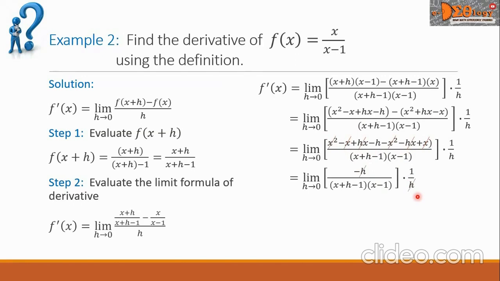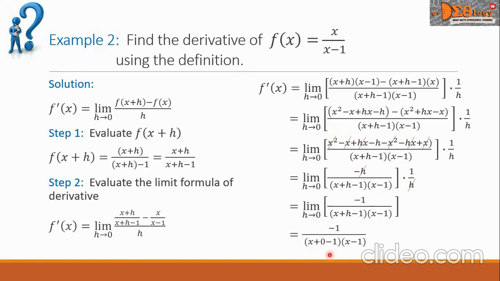So writing again our fraction, the simplified form into negative 1 all over this denominator. Now let us evaluate the limit as h approaches 0. It means we are now to substitute 0 to this value of h. Here we go.